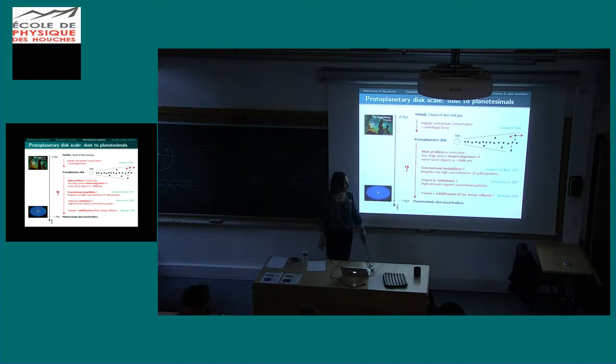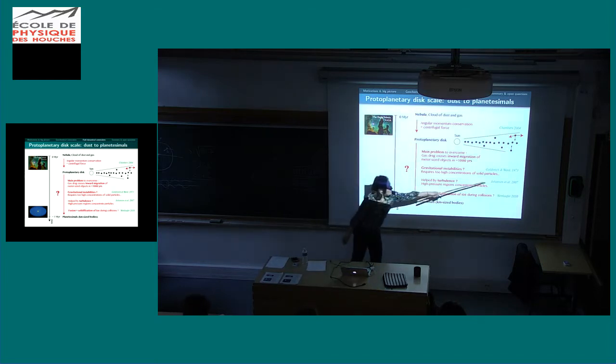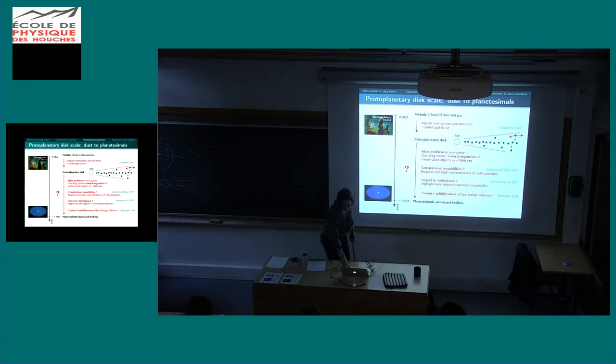Another mechanism has been proposed by John Wettlaufer: if there are some ice layers on the dust, during a collision the ice could melt and solidify very quickly so that the particles stick together. So that's another mechanism. But again, it's not very clear that those can work. That one is perhaps the most accepted one today.